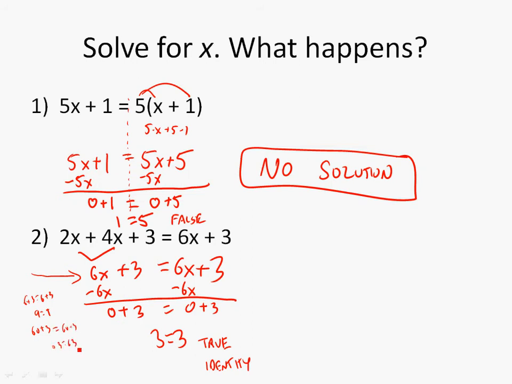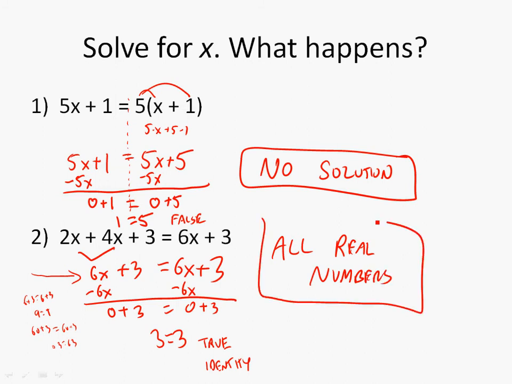Every number I plug in for x is going to work. It's going to be a solution. It's going to make the equation true. So therefore, what we need to write for this one is all real numbers. And again, in order to be completely correct, when this happens, you have to write the words all real numbers. You can't just write the 3 equals 3 part.